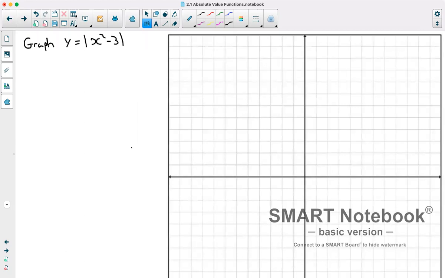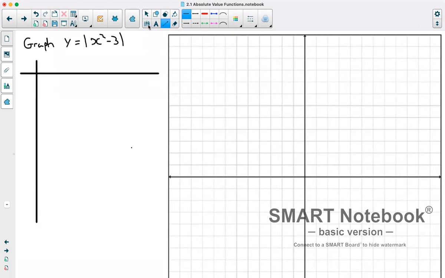So, for example, we have this quadratic. Graph y equals absolute value of x squared minus 3. So I'll set up my 3-column table of values. So I've got x, I've got y is equal to x squared minus 3.